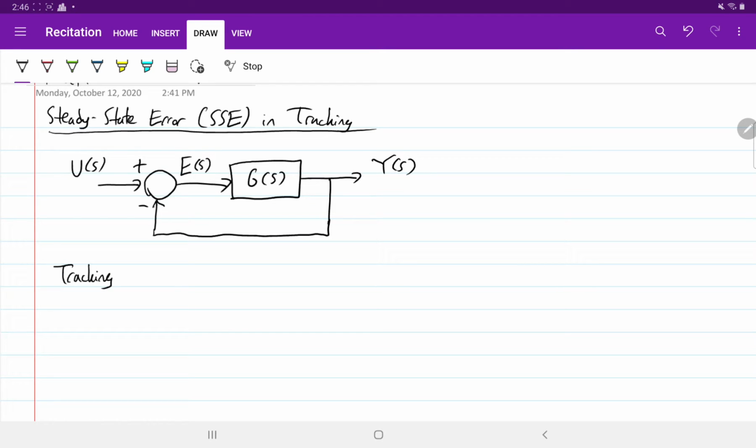and the purpose of tracking is we want to have the limit as t goes to infinity of u of t, so in time domain, minus y of t is equal to 0.